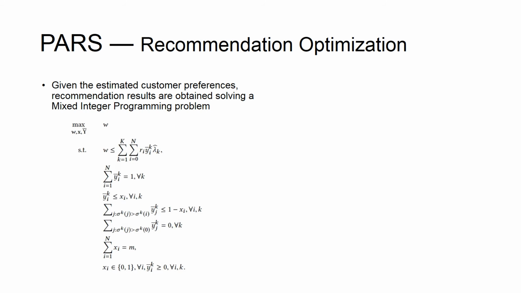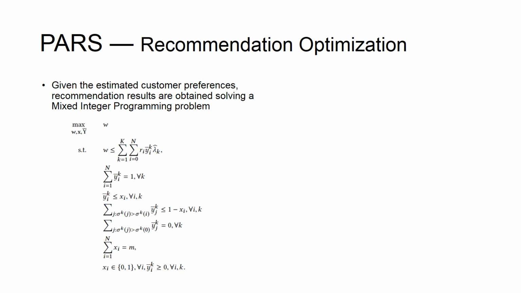Therefore, we come up with a mixed integer programming like this formulation shows. Solving this programming problem, we can get the optimal recommendation results. Due to limited time, I just present some basic ideas and intuitions behind them. More details can be found in our paper.